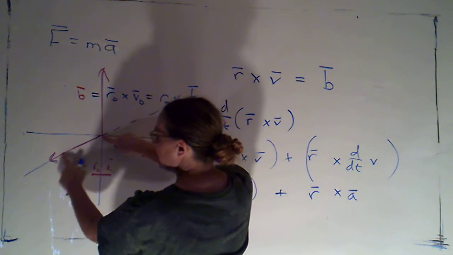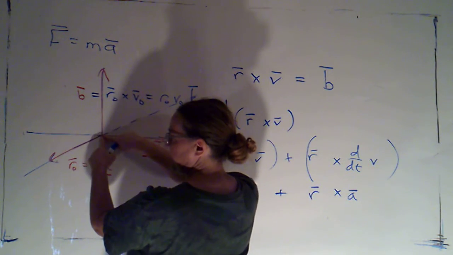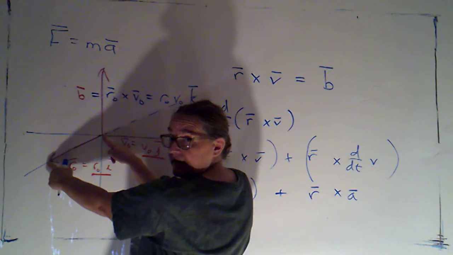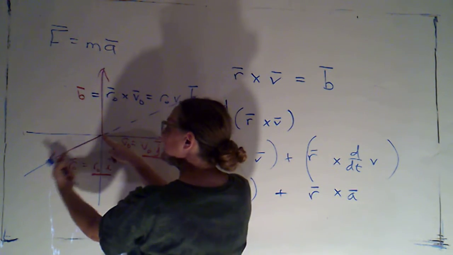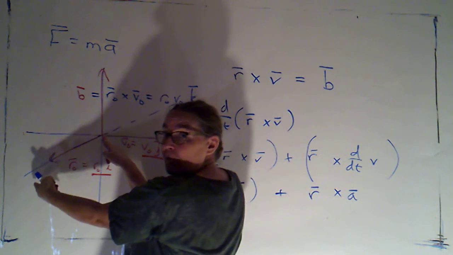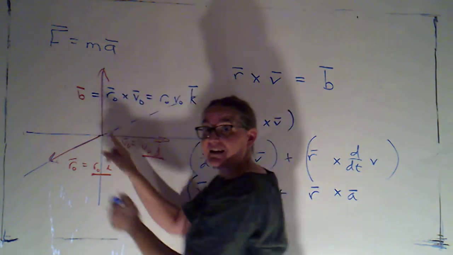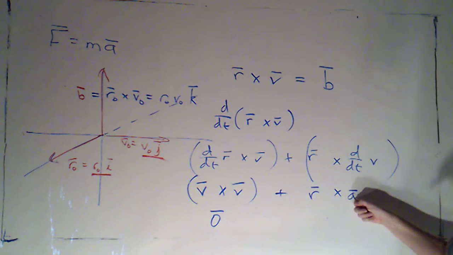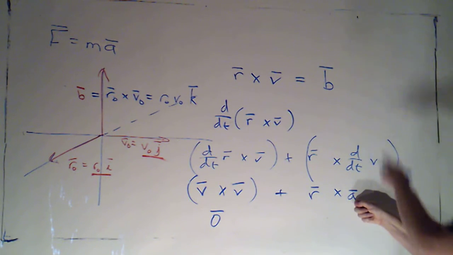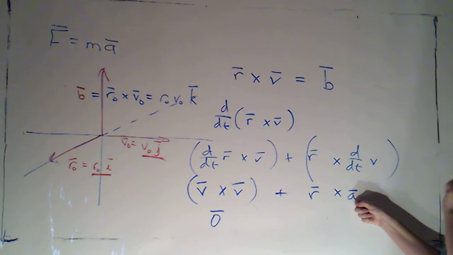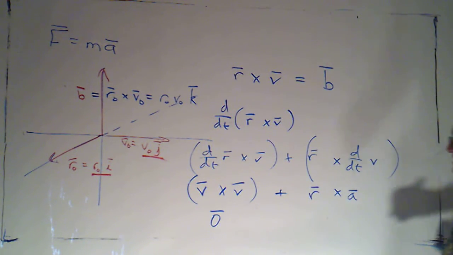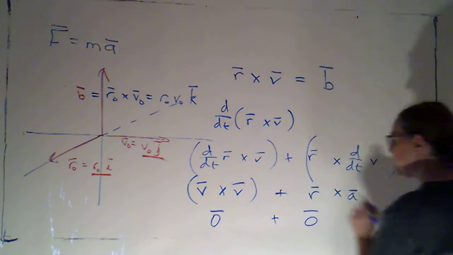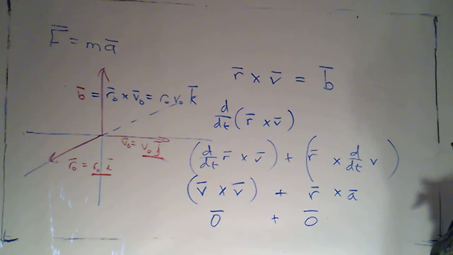So if this is my position vector here, pointing from the sun to the planet, the acceleration, which points in the same direction as that attractive force, points in exactly the opposite direction. It's pointing from the planet to the sun. So, because this points in the same direction as the force, which is the opposite of the direction of the position vector, these two vectors here are going to be parallel, and therefore this is also going to be 0.